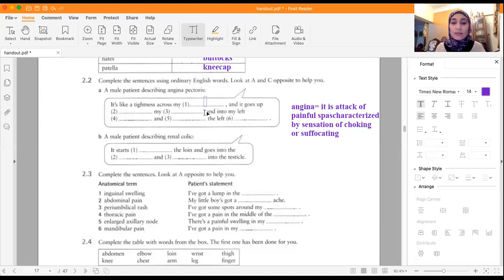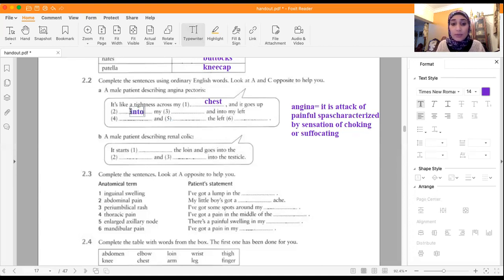We said that for this problem, the first thing that the patient will feel, he or she, will feel, a male, so he will feel the first thing, a pain in the chest. So it's like a tightness across my chest, and then it goes up.